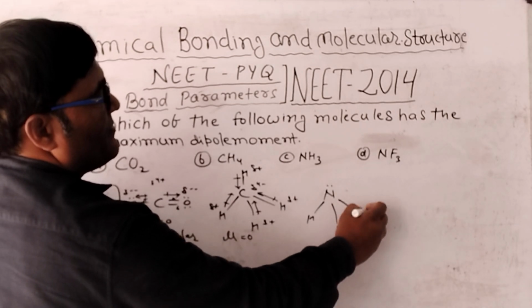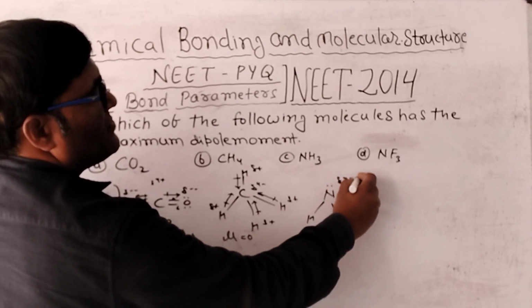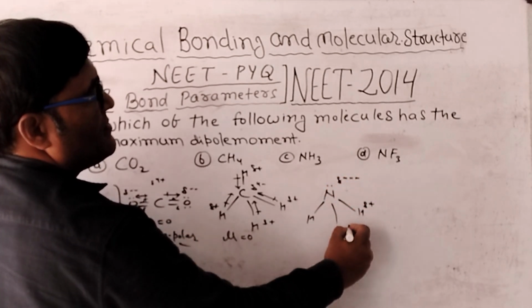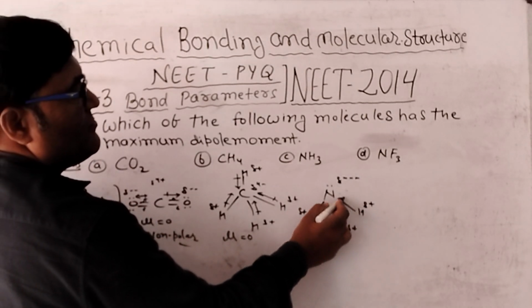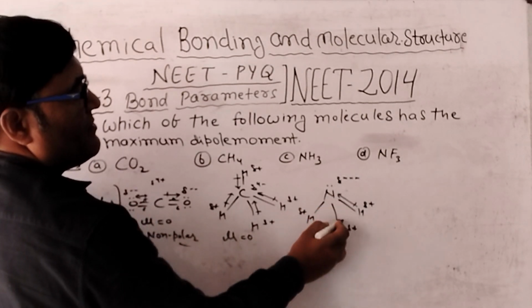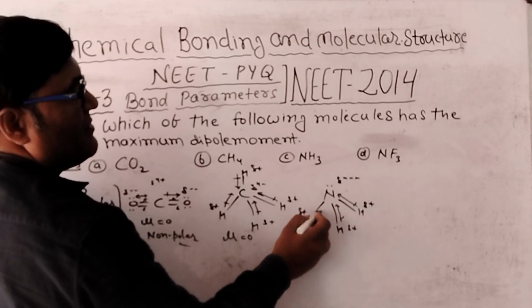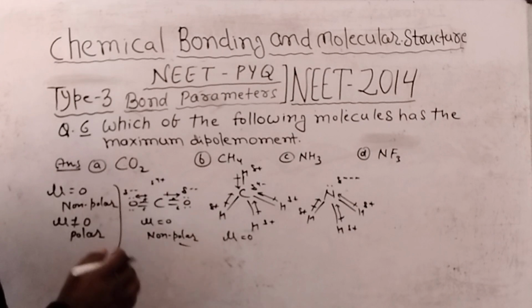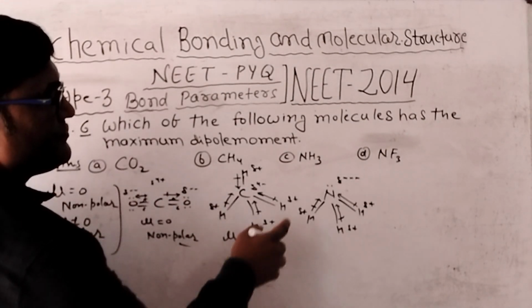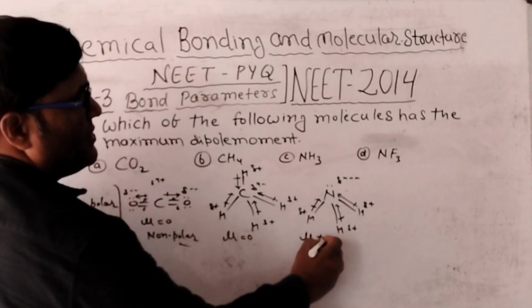Okay, again in case of NH3, N delta triple minus, here delta plus and delta plus, direction of dipole positive to negative, three times. Now mu is not equal to 0.